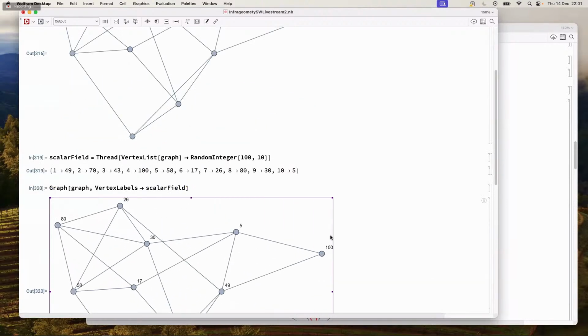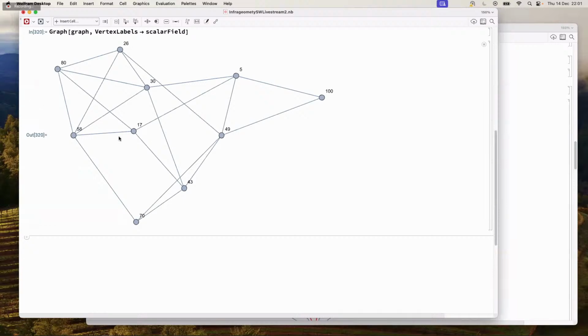Okay, so that's some discrete scalar field that we've defined on the vertices of the graph. The initial motivating question was, what does it mean to say that this function is continuous or is not continuous if you're working in a fundamentally discrete geometry?